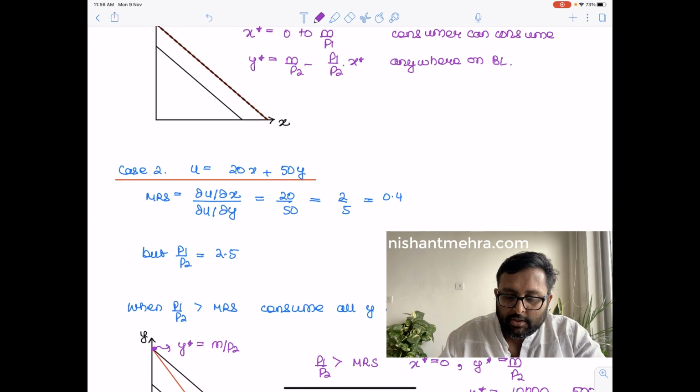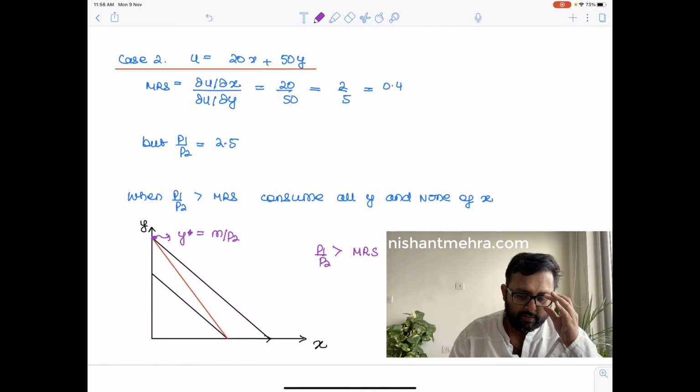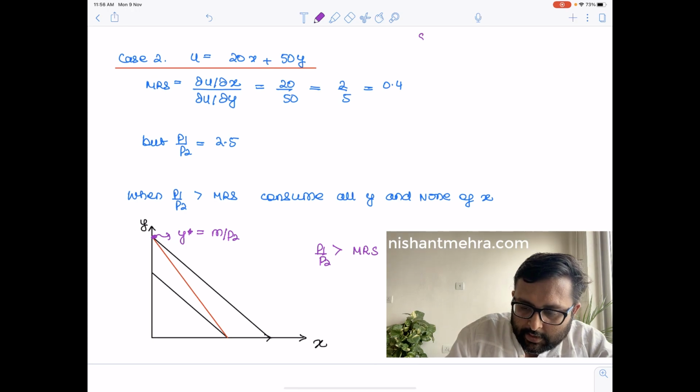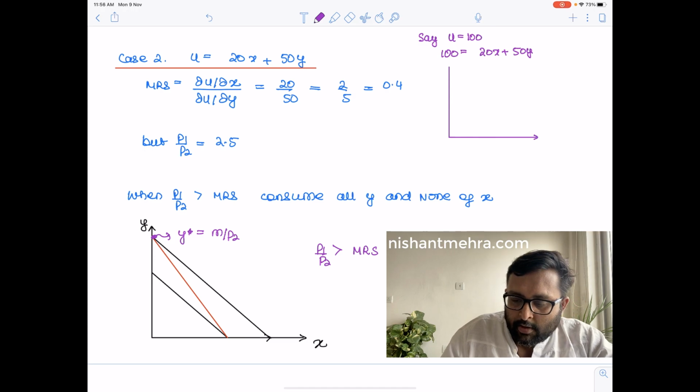Okay. Then the question is u equals 20x plus 50y. So say u equals 100. So you have 100 equals 20x plus 50y. When x is 0, 100 equals 50y, y is 2.